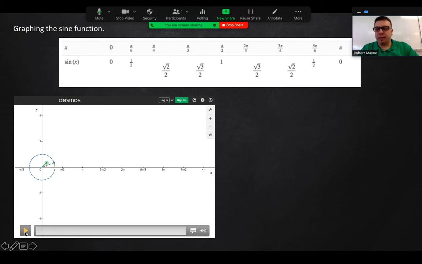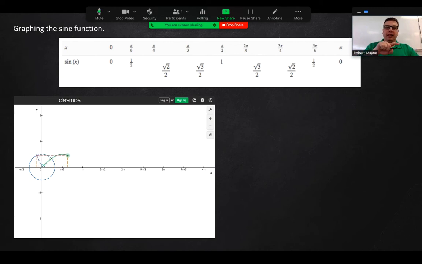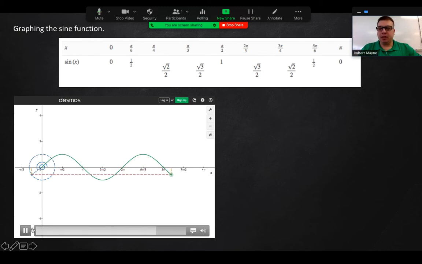I'll reanimate this so that we can continue to see and understand where it's coming from. As the point rotates up, we're just plotting where the y value is as the angle is rotated through. Once it gets to the end, it's going to go all the way out to 4 pi, and I will just pause.